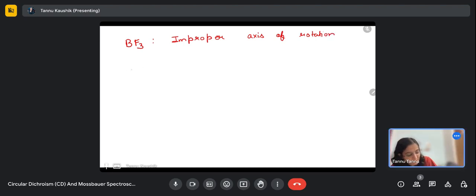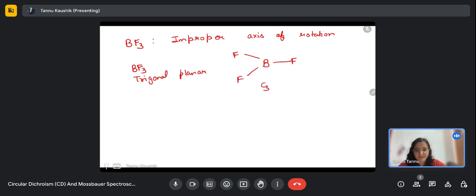Okay. So BF3 has a trigonal planar structure. It has a C3 axis as the principal axis of rotation, which is perpendicular to the plane of the board. Then sigma h, the horizontal plane.